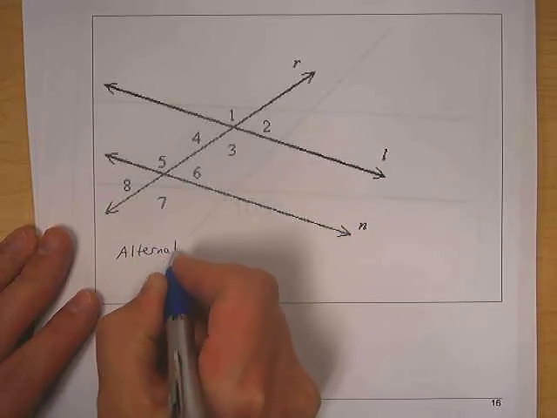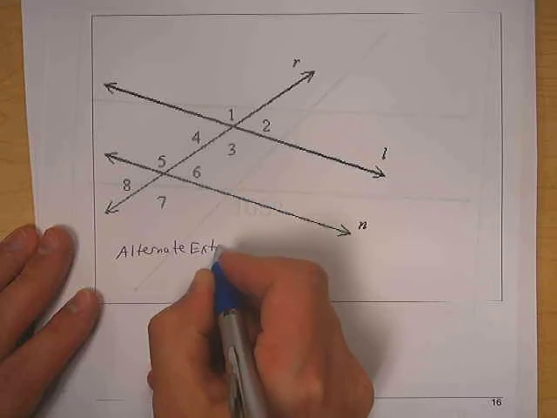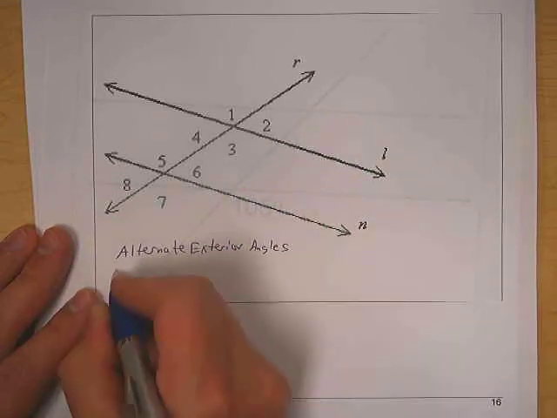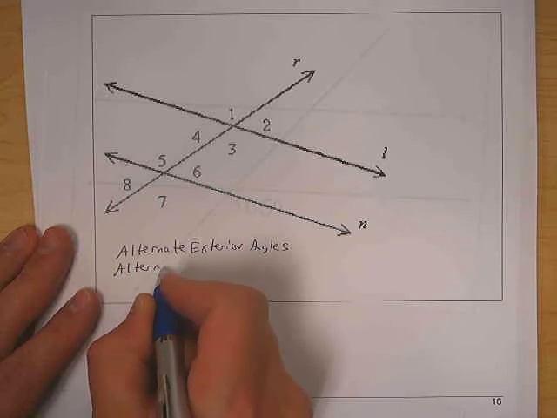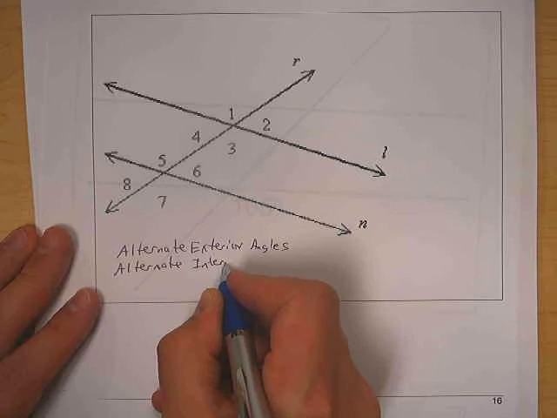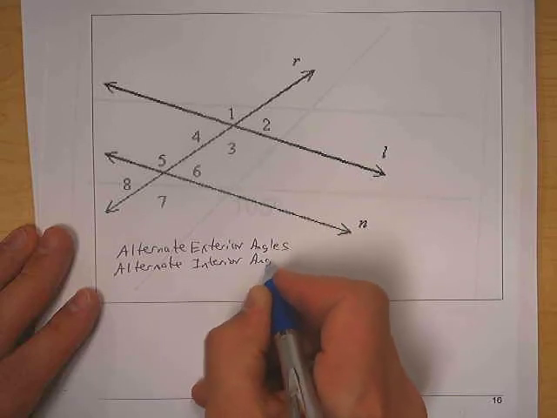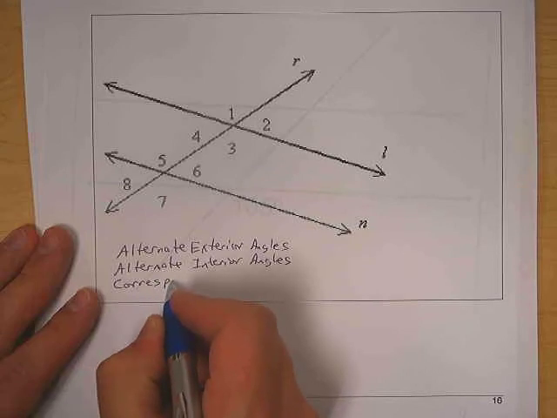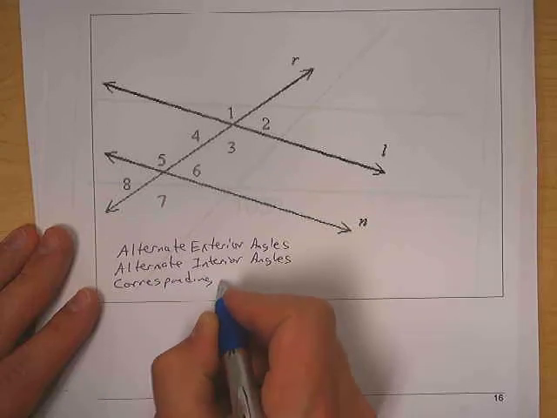We have alternate exterior angles. We have alternate interior angles. We have corresponding angles.